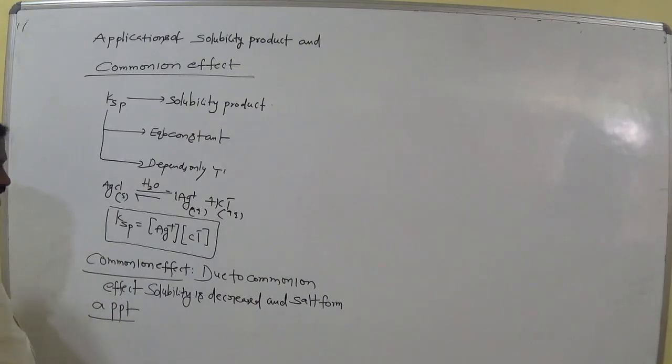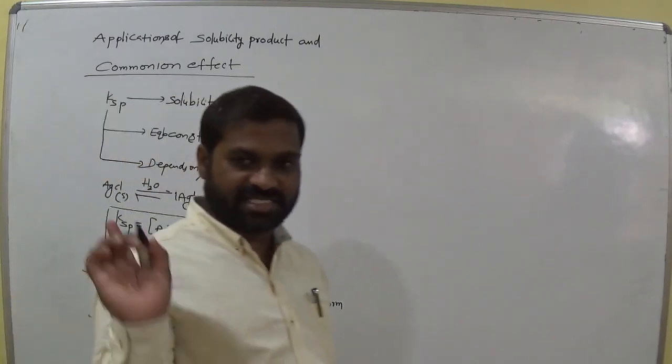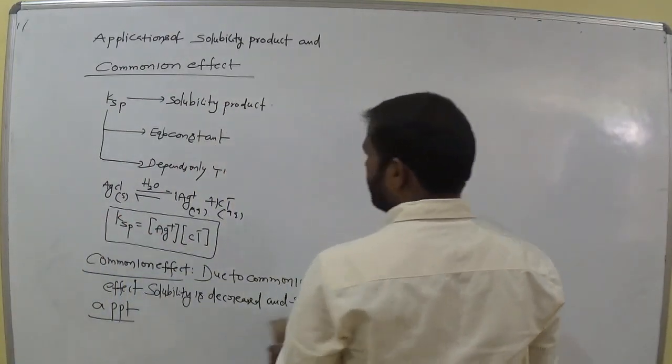Solubility decrease means precipitate formation. So the reaction is reversible. So that is common ion effect.